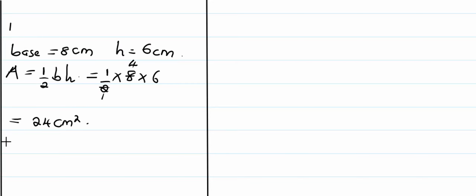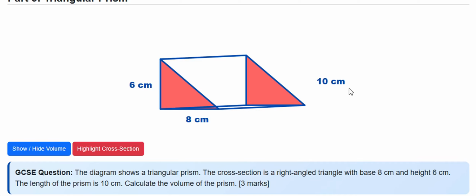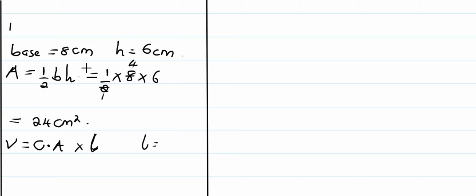Now the volume will be given by the cross-sectional area, let me call it CA, multiplied by the length of the prism. We already know the length L of the prism we are given here is 10 centimeters.